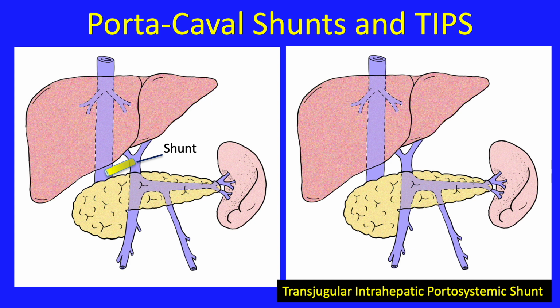An alternative, less invasive procedure is the transjugular intrahepatic portosystemic shunt, or TIPS, in which a catheter is inserted into the jugular and driven until reaching the portal vein. Connecting the caval and portal systems leads to increased blood flow and the blockage caused by the cirrhotic liver reverse to some extent.